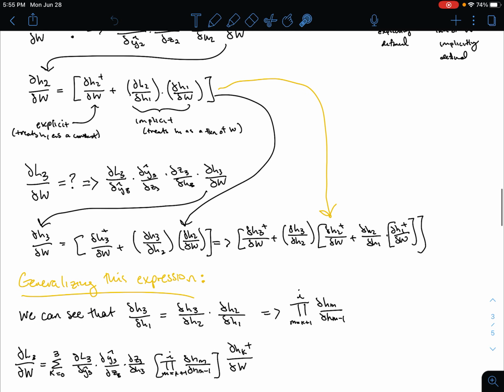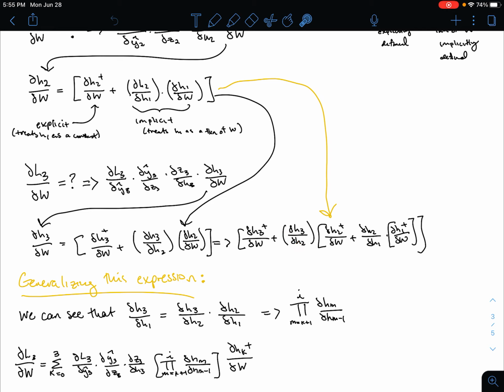And so let's find ∂L3/∂W, and see if we can find a pattern once we do this. So ∂L3/∂W is going to be even more involved as well, because now we not only have it implicitly defined from one W, we have it implicitly defined from two W's. And so here we have ∂H2/∂W, that's one that we have to add in, and then we also have ∂H3/∂H2.